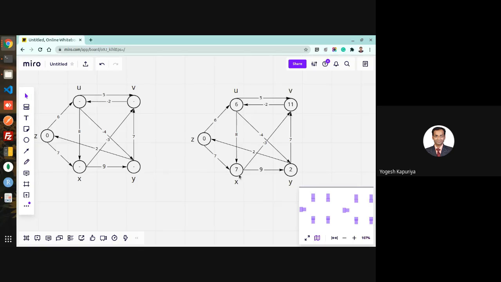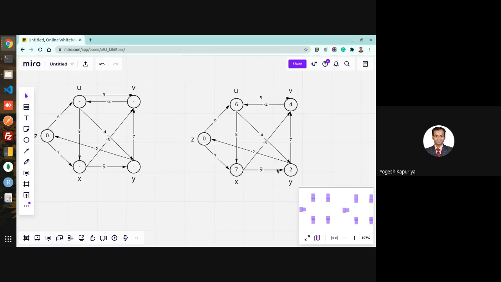So this will not change. Next is x, outgoing edges of x, 1 and 2. So this is 7 plus minus 3. So 7 minus 3 is 4, and this is 11. 11 is greater than 4, so that's why this will change to 4. Right?